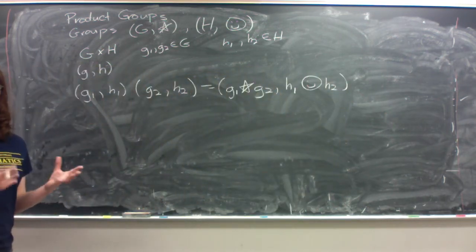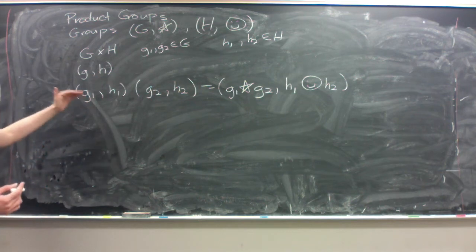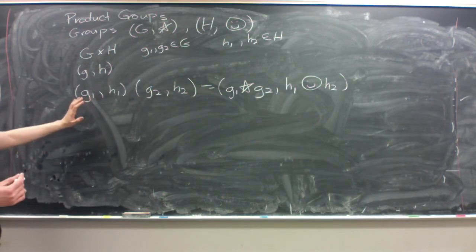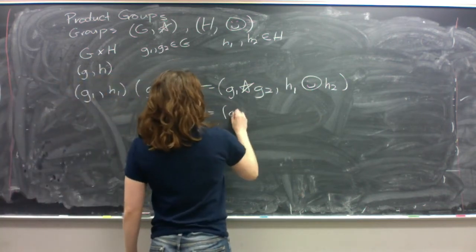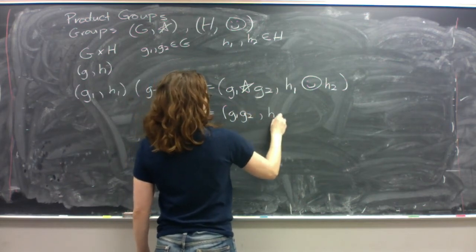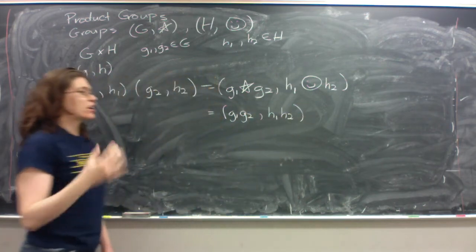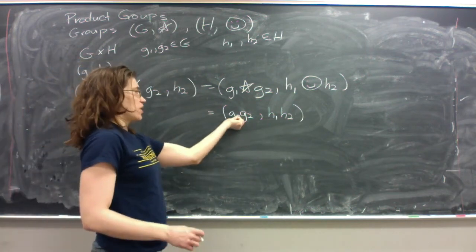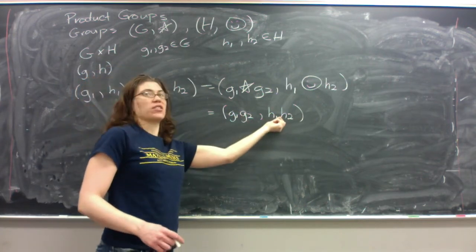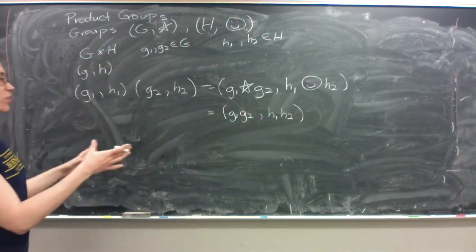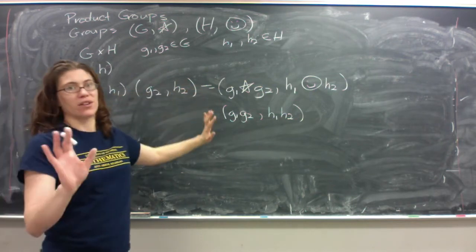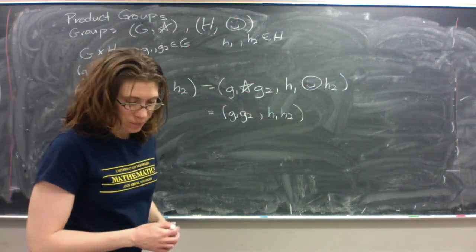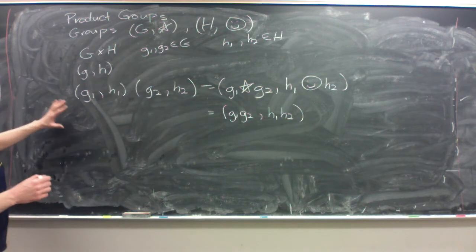From doing this, maybe you are starting to see why we sometimes leave out the operations, because it would be much simpler to just write (g1 g2, h1 h2), and leave the reader or mathematician to decipher that this means the binary operation of G and this means the binary operation of H. But in this introduction, I'm going to do it both ways, just so we have some experience with translating between those two different languages. Okay, so this is the notion of a product group.